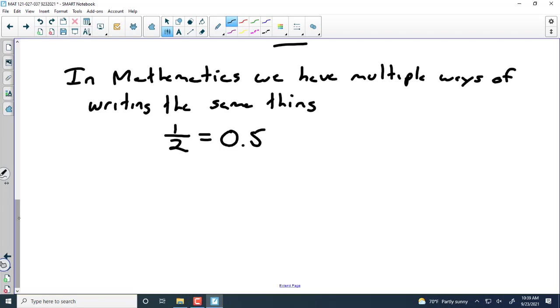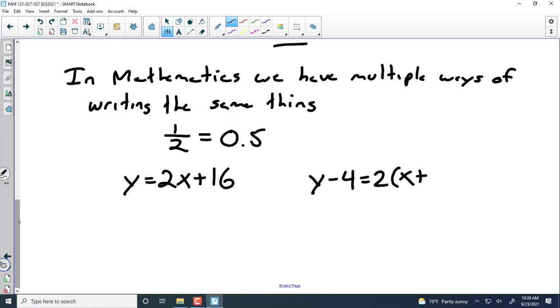Here's something else. Check this out. Those are both equations for lines, but it actually turns out that they're the exact same line. There's no difference between the two.